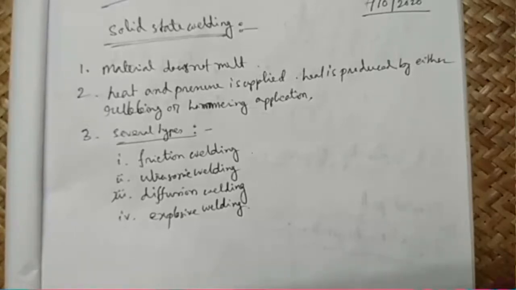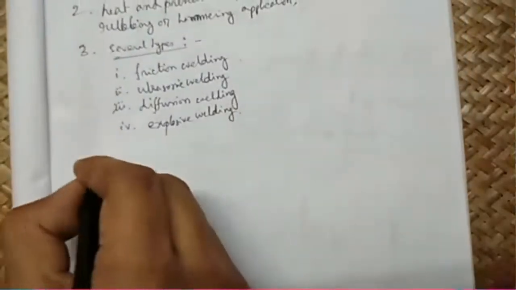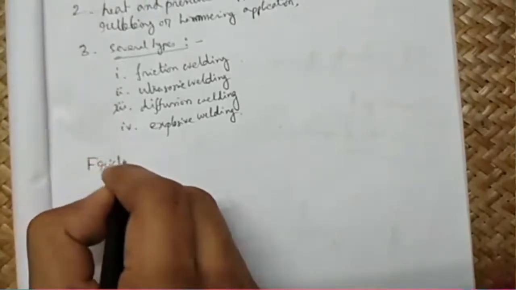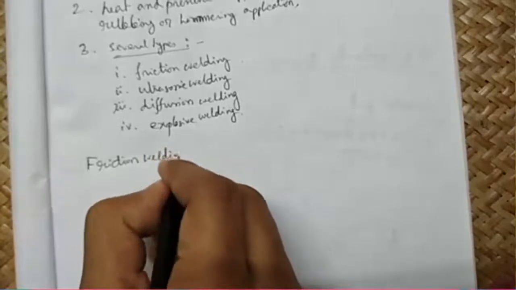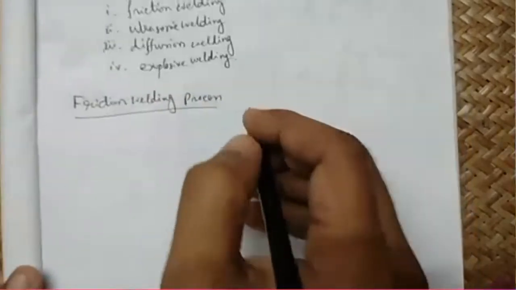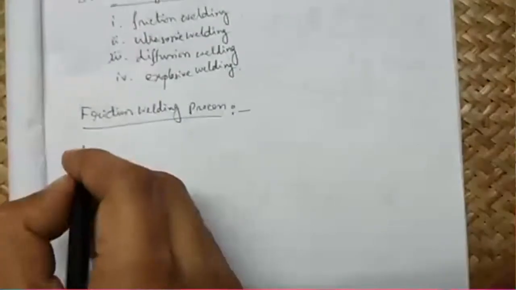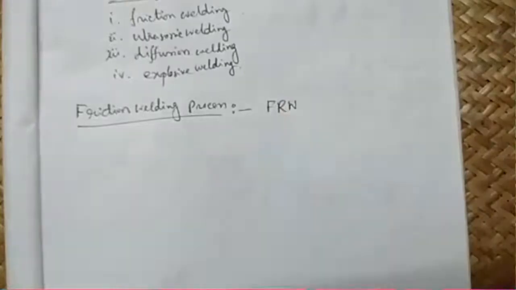Now let us start with friction welding. So we will start with the friction welding process. It is also known as FRW, friction welding.